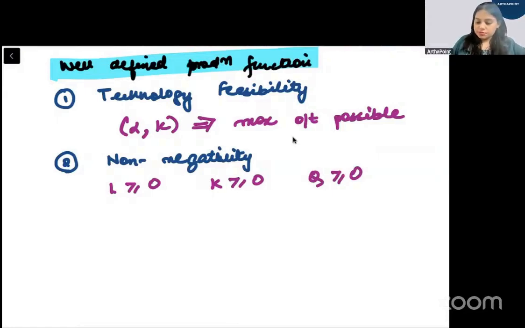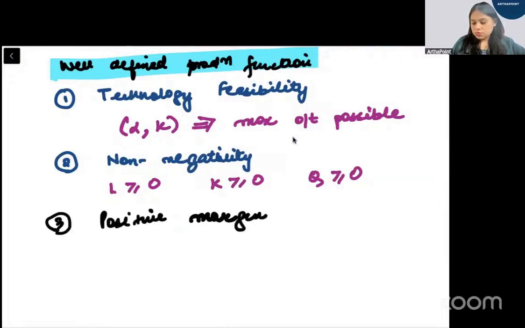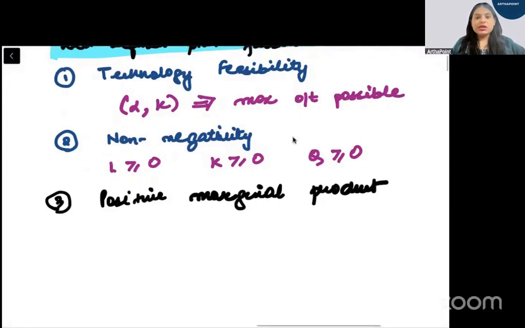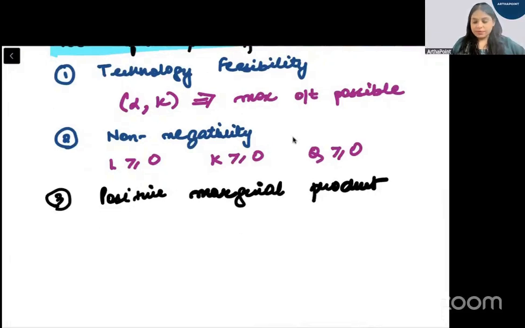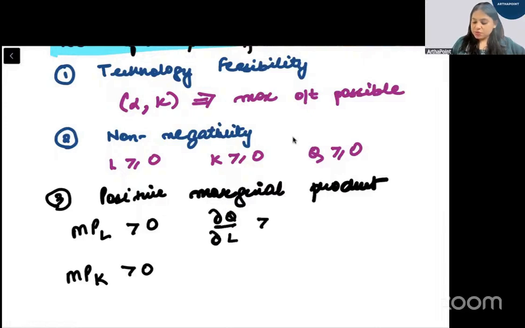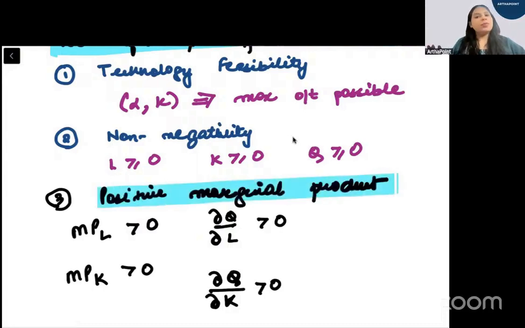Third, positive marginal product. तो हमारे production function से जब हम marginal product निकालें, marginal product of labor और marginal product of capital, it should be positive. So how output changes as labor changes should be greater than 0. How output changes as capital changes should also be greater than 0, right?